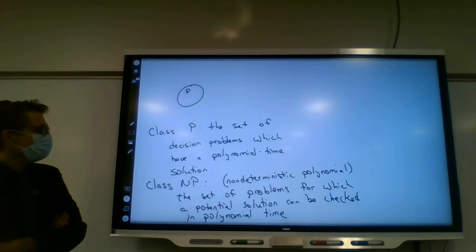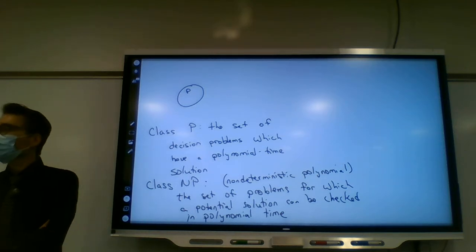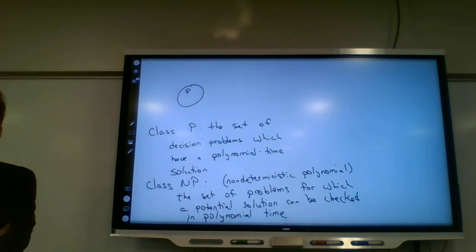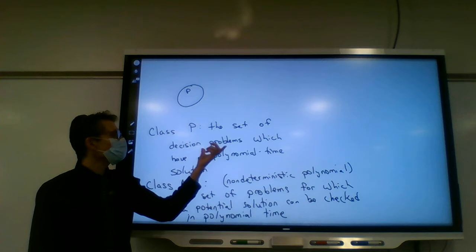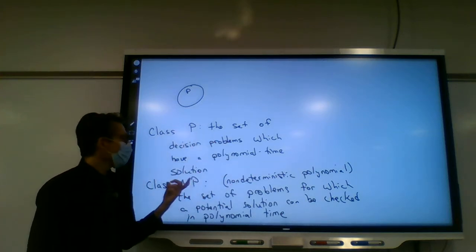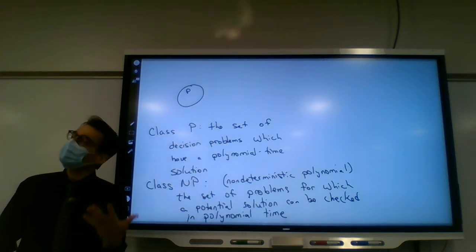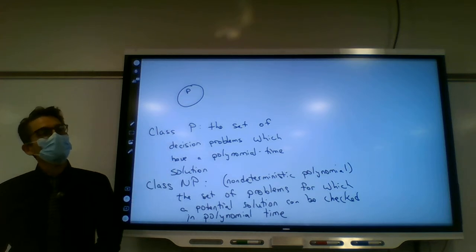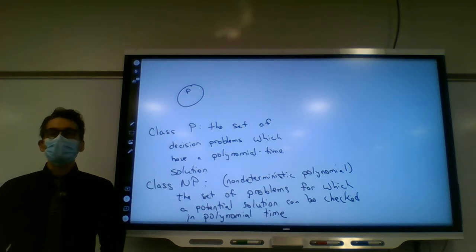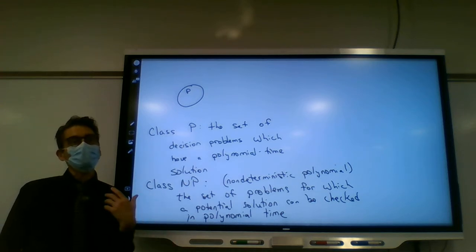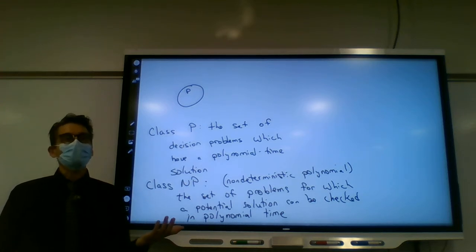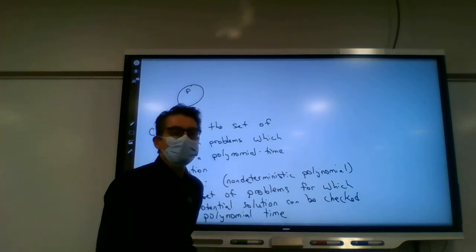This is sometimes called a certificate, which is a potential solution. You can check that solution quickly. So class P are the problems that you can solve yourself quickly. Class NP are the ones where, if you had a solution, you could check it quickly. We might not be able to come up with that solution quickly, but we can check it once we have it.